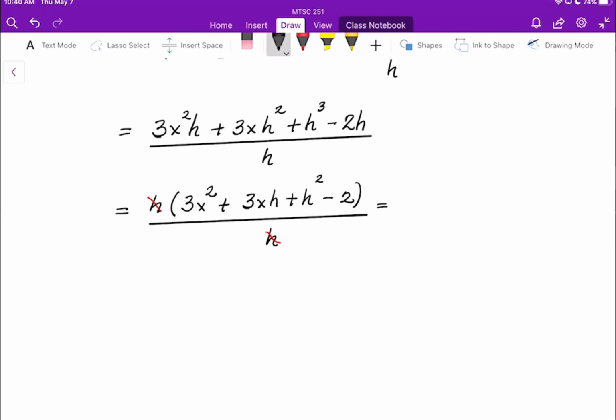So we're going to have 3x squared plus 3xh plus h squared minus 2. So this is our secant slope.